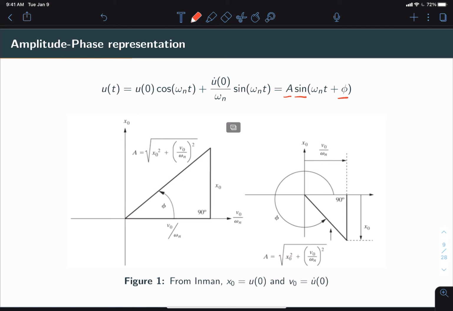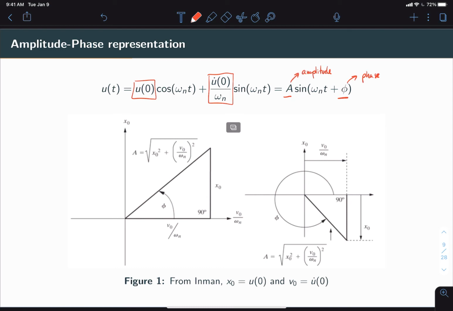Recall that by changing the initial conditions, we introduce a shift in the response. We also would influence the amplitude as well. So amplitude and phase shift, or phase, are simply functions of the initial conditions and omega n.